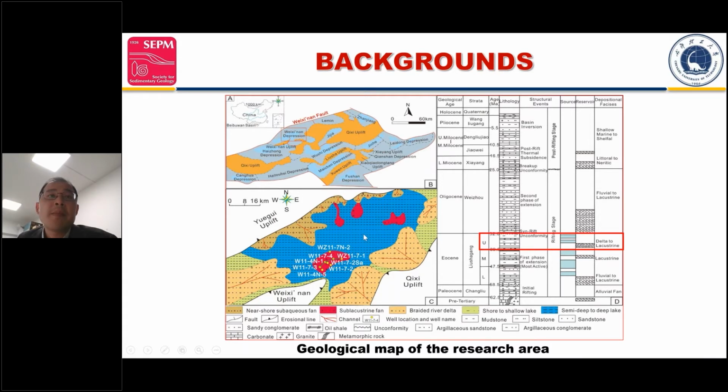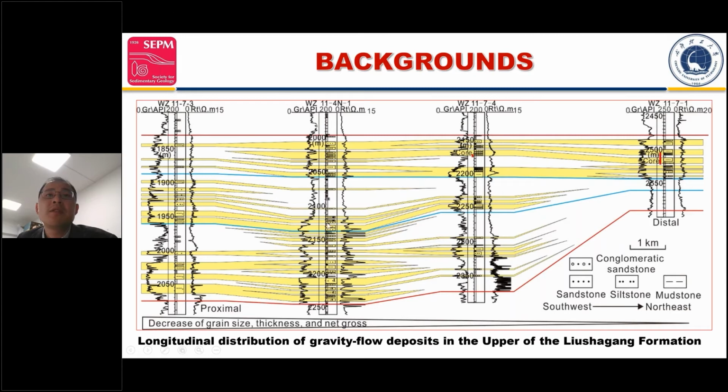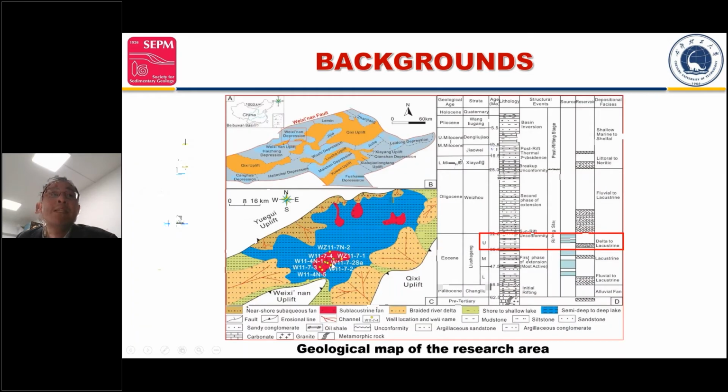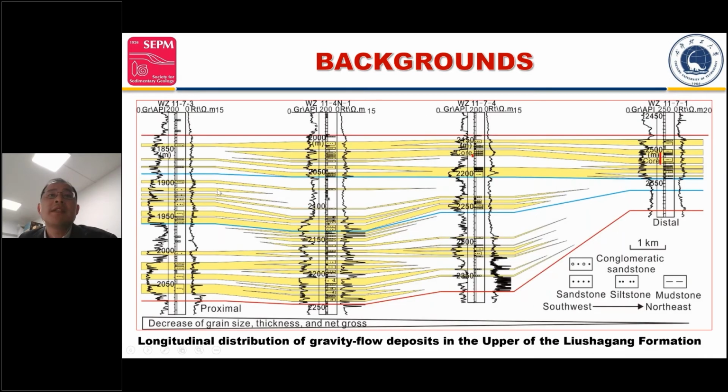This is the longitudinal distribution of the gravity flow in the upper part of the Liushagang Formation. As we can see, the cyclicity and the gray sands, also the net-to-gross of this subaqueous fan, decrease from the proximal to the distal, from the southwest to the northeast. We can also find a gently progradational stacking pattern from the southwest to the northeast in the vertical stacking of those deposits.